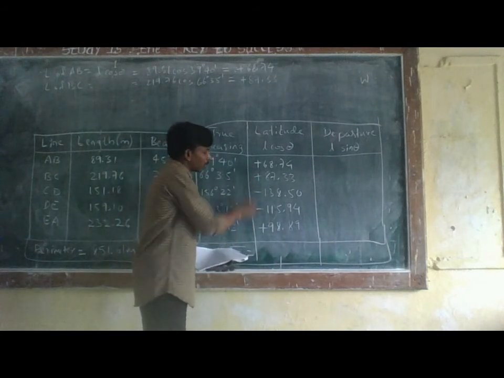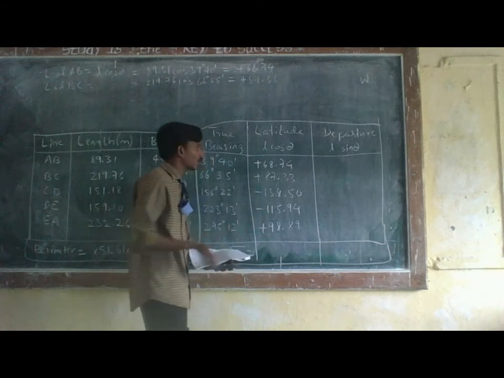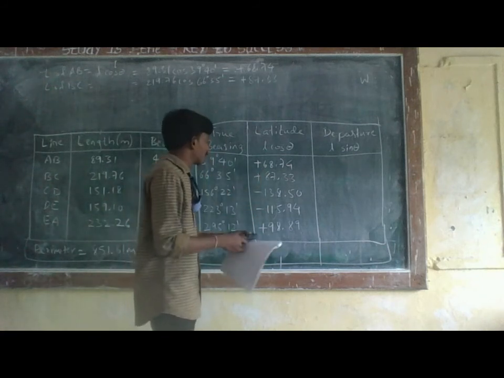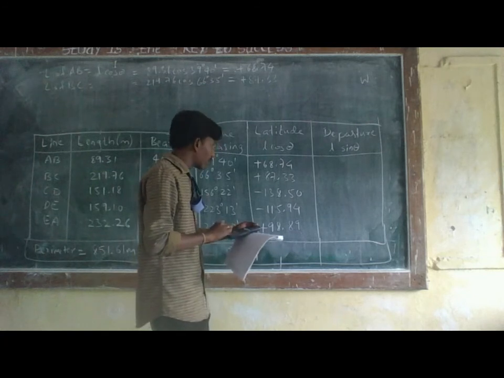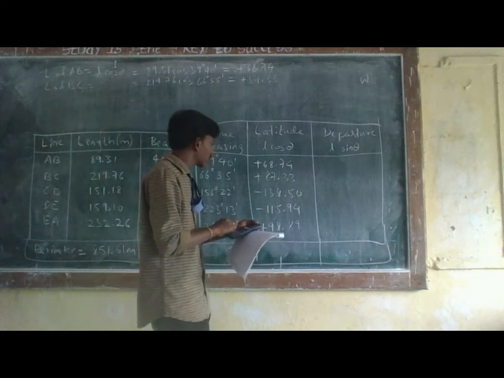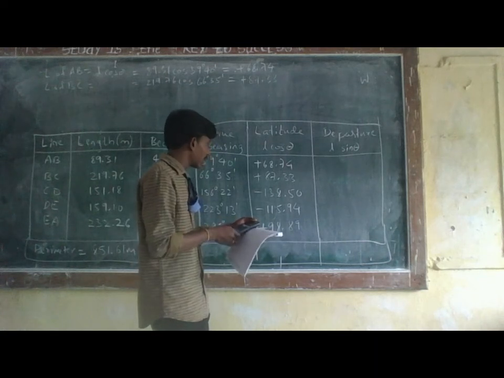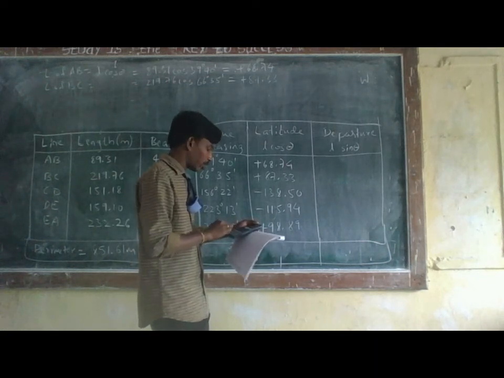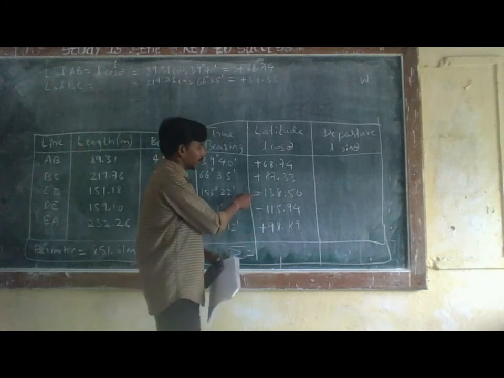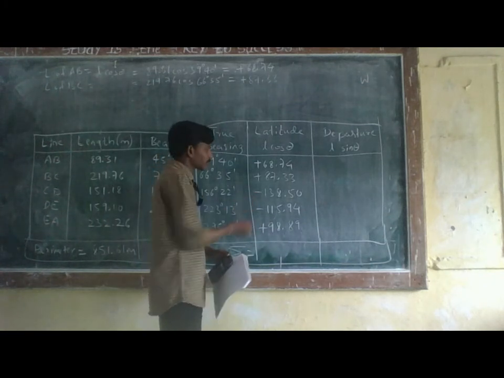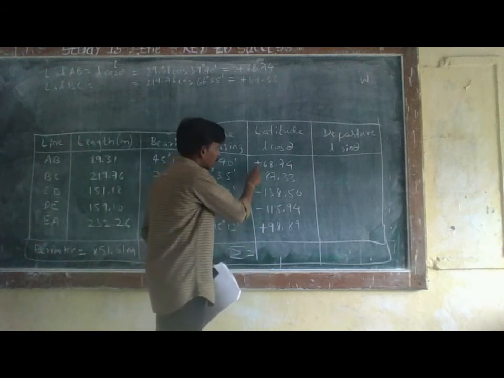Now substitute all these values with sign, as they are: 68.74 plus 87.33 minus 138.50. If the sign is minus, please enter the minus sign in the calculator to get the sum.